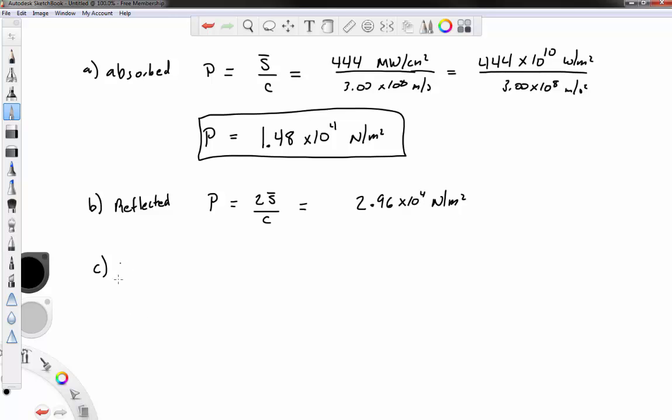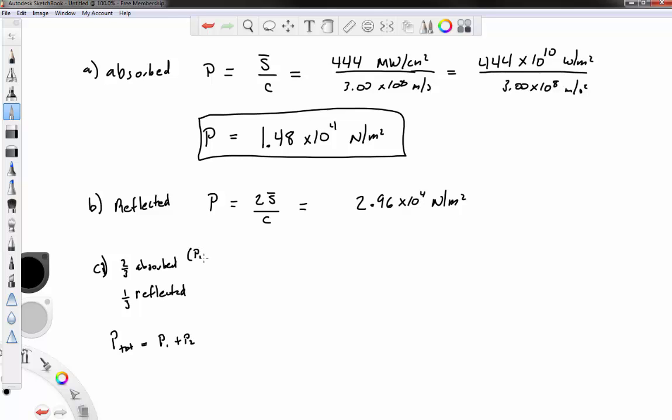So version 1 of C, C1, is that we have 2/3 absorbed and 1/3 reflected. And in fact, let's go ahead and say that there is a total pressure, P total, which is equal to P1 plus P2.